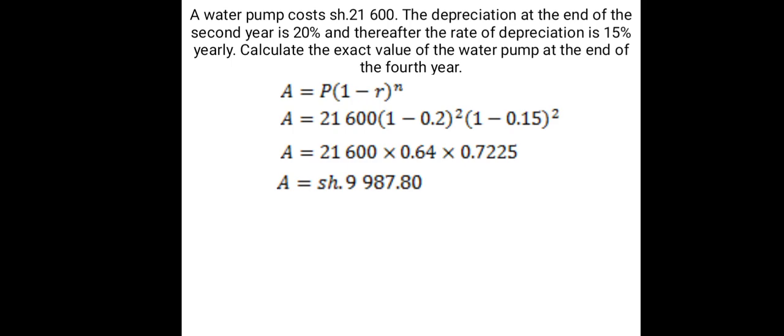We just show that the first year the rate was 80% raised to the power of 2, and for the other year, what will it be? It will be 1 minus 0.15 raised to the power of 2. Then when you compute, we find the value to be 9,987.80 cents.